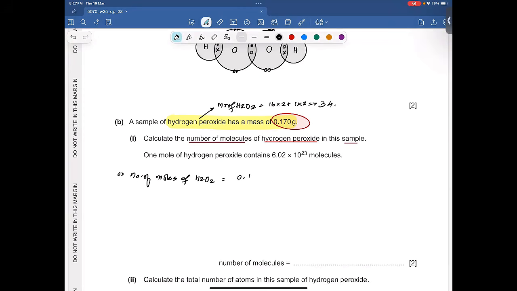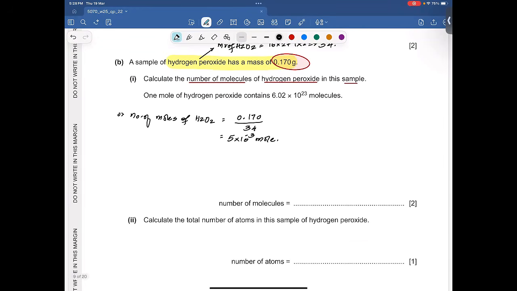So it's basically 0.170 divided by 34, which is 5 into 10 to the power minus 3.